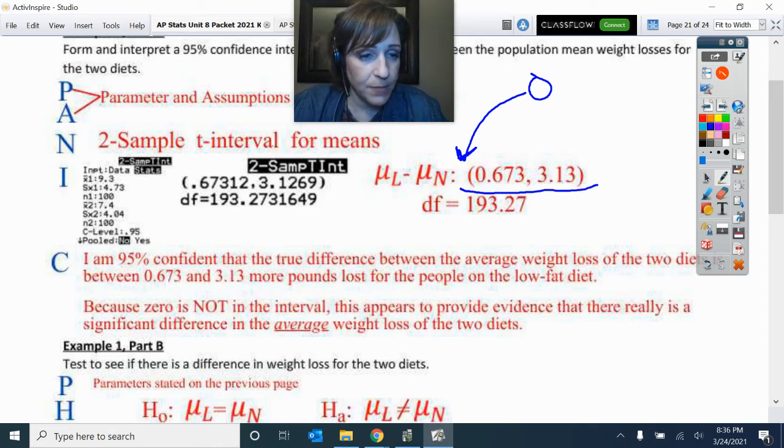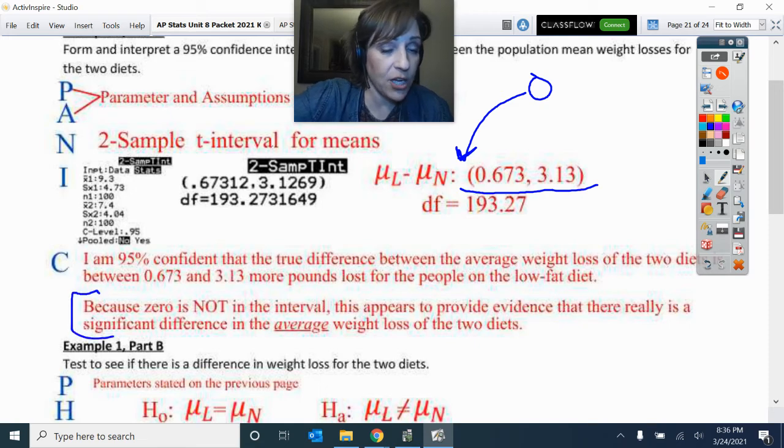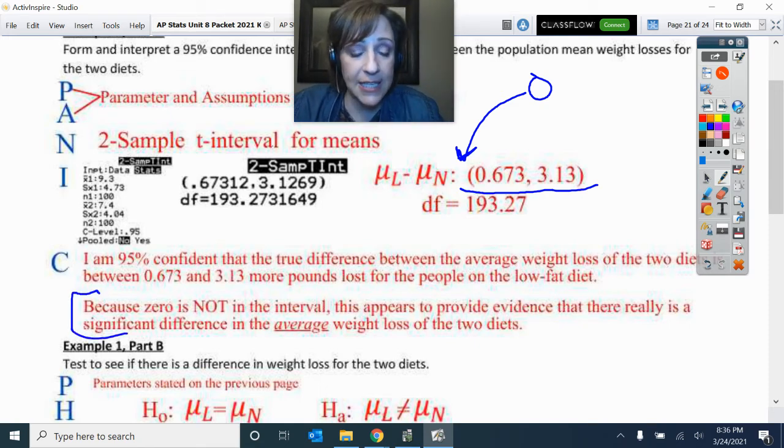Because 0 is not in the interval, this appears to provide evidence that there really is a significant difference in the average weight loss of the two diets. Okay, so there's your conclusions on that.